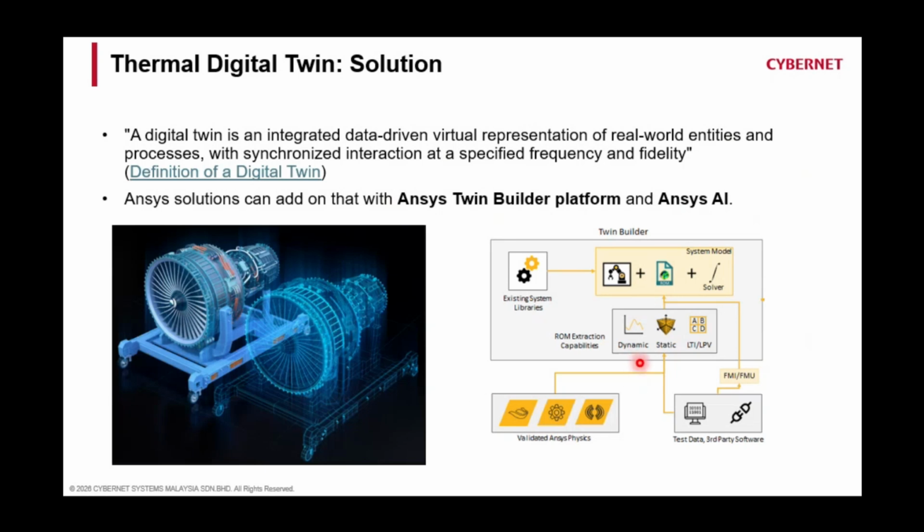With this, we do a series of setups for the digital twin, where we have the simulations done to train this model, essentially a ROM, reduced order model, which gives you the calculations much quicker. So that's why you get the live simulation results.